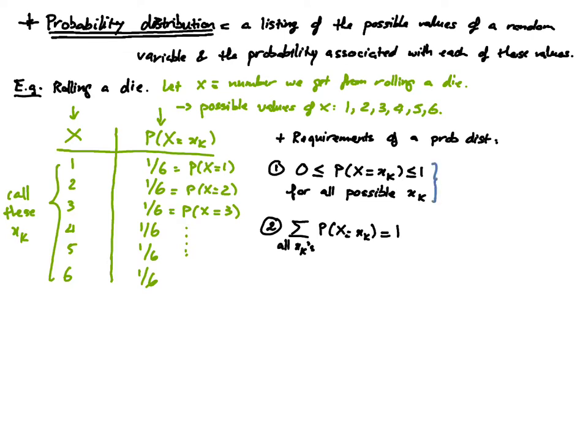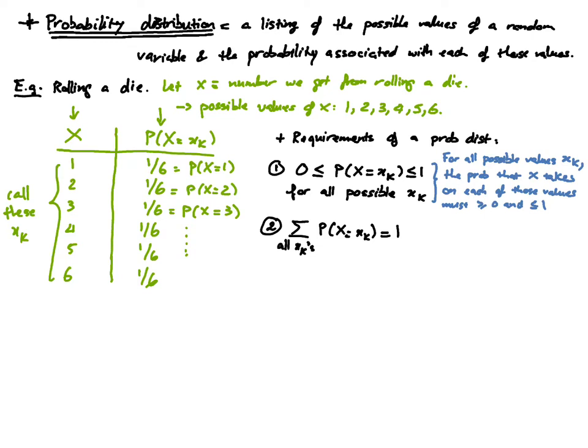So the first one says, for all possible values x sub k, the probability that our variable x takes on each of those values must be greater than or equal to 0 and less than or equal to 1. So that's the first requirement.